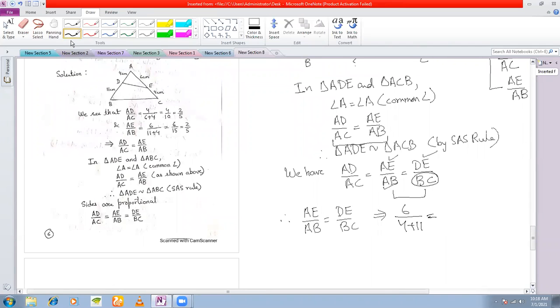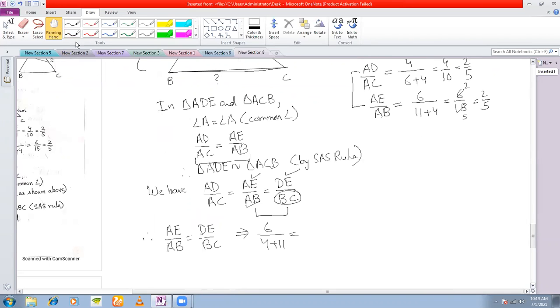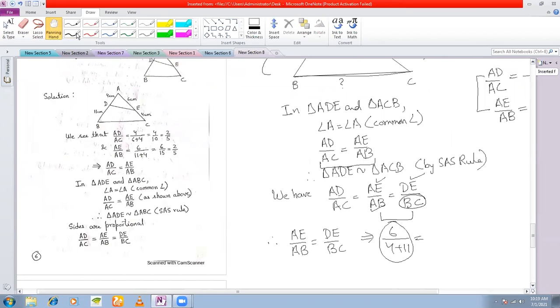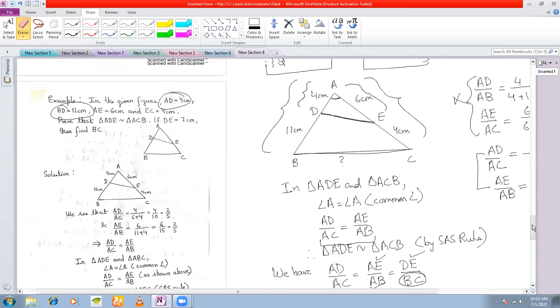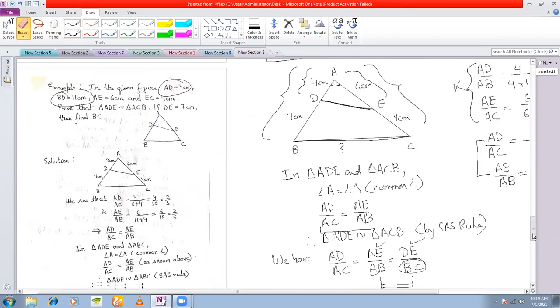Or you can find it out from here also. We have already found AE by AB here. AE by AB here is 2 by 5. You can write 2 by 5 here directly. Okay. Is equal to DE by BC. How much is DE? Oh, okay. DE is given to us as 7 centimeters.